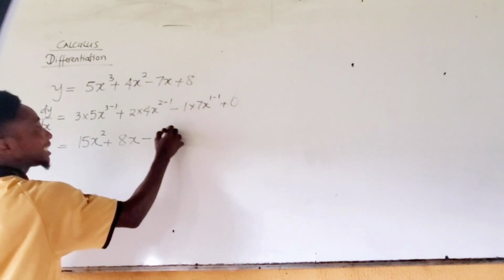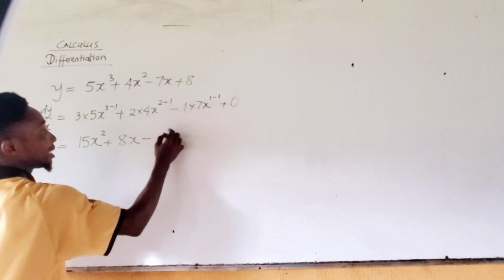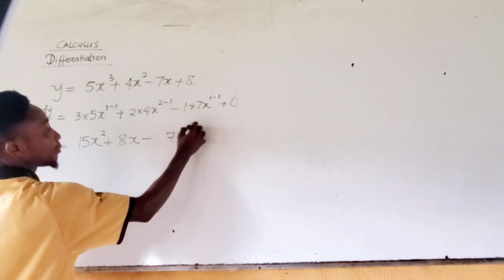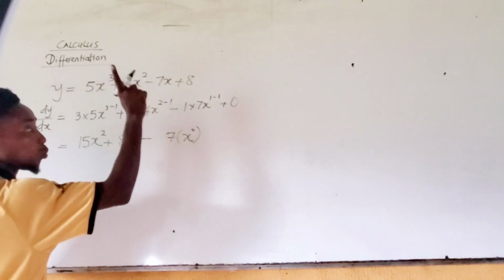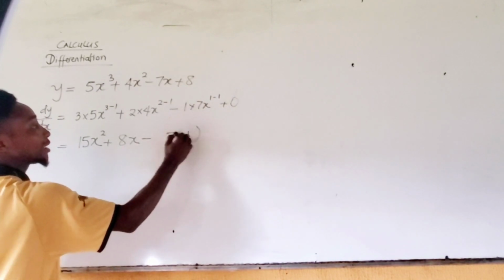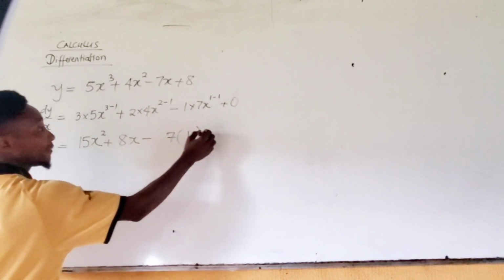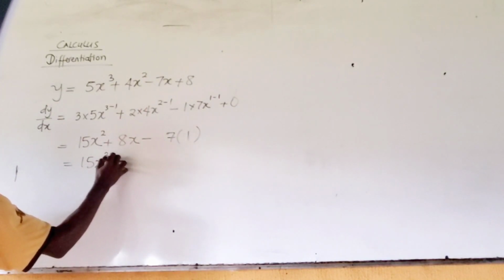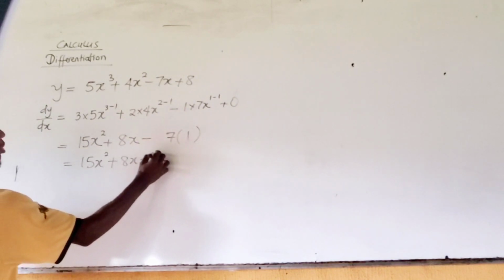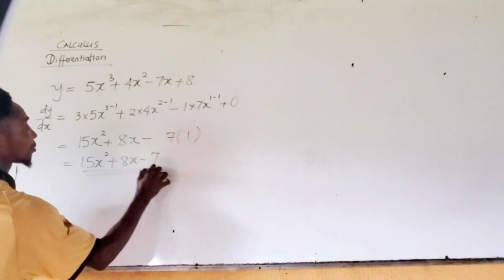So take note, this 1 times 7, we have 7 times x raised to the power 0. Anything raised to the power 0 is equal to 1, and 7 times 1 is the same thing as 7. So we can say our final answer is 15x squared plus 8x minus 7.